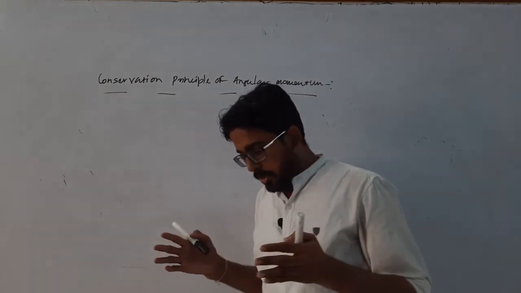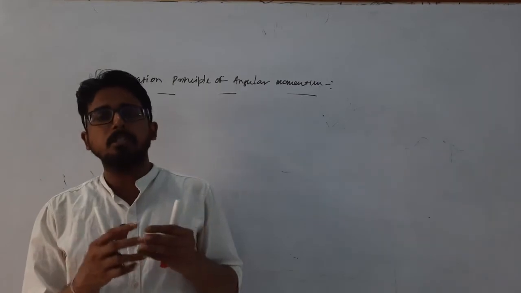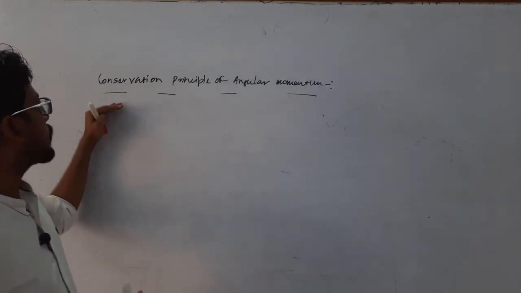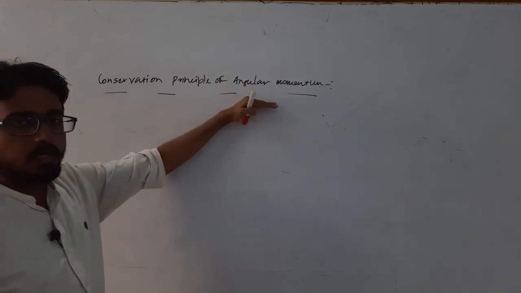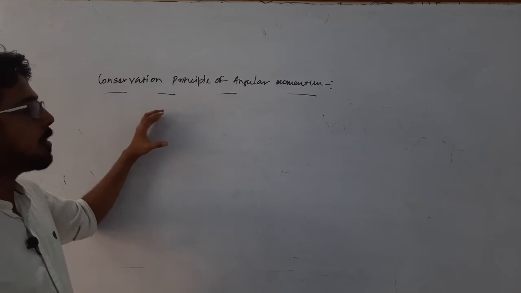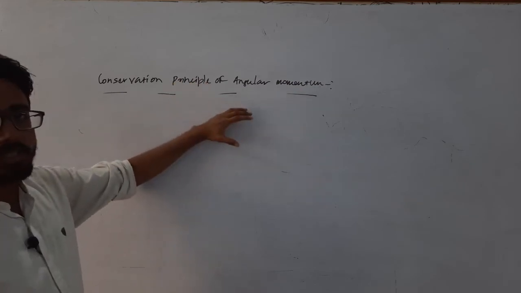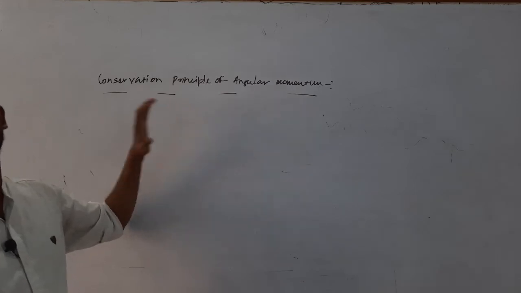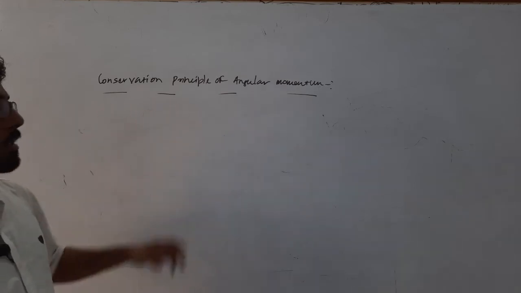What is isolated system? If in that system there is no external force acting on it. So in case of conservation principle of angular momentum, if the system is isolated, that means there is no external torque acting on the system, then the total angular momentum of the system is constant or the change in angular momentum is zero. Clear?